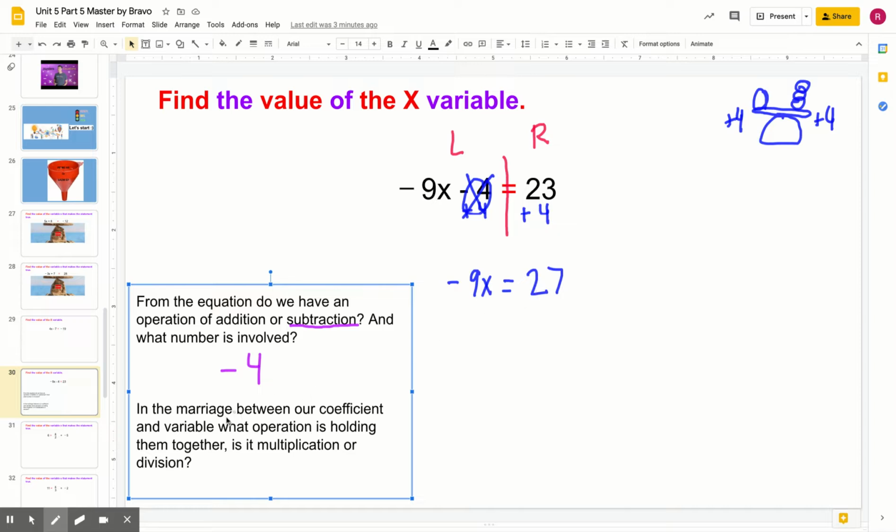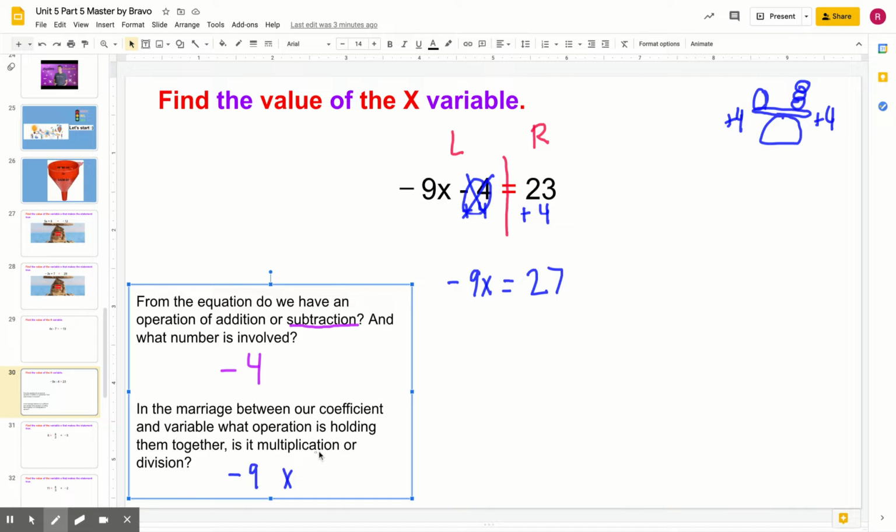Now we're going to ask the following question. By the way, I'm using a different strategy here. You could analyze the whole side and ask all those questions first, but I'm breaking it up now. Looking at the marriage between the coefficient and the variable, what operation is holding them together? What is holding negative 9 and x together?